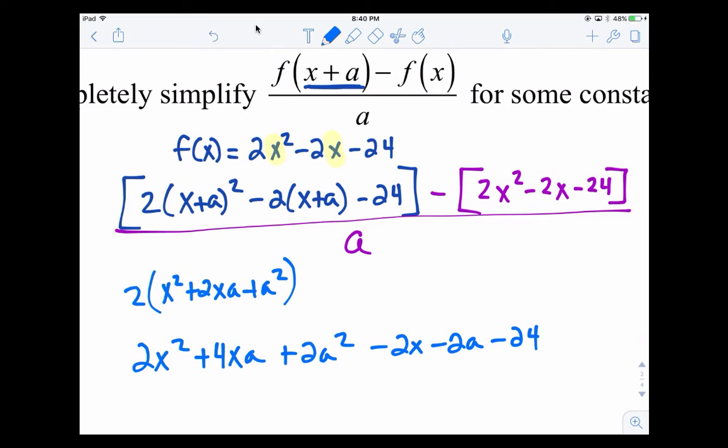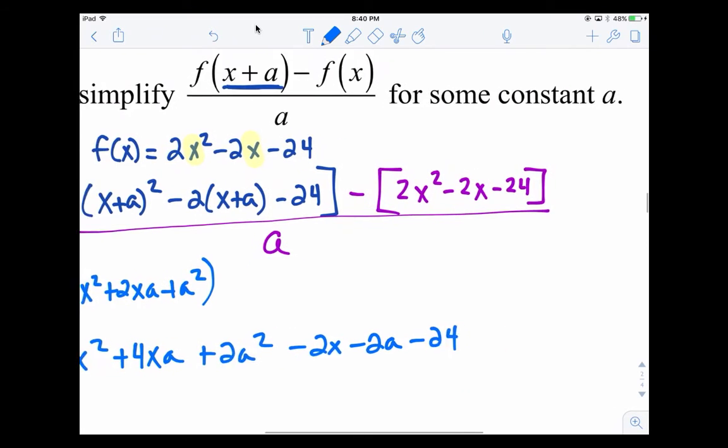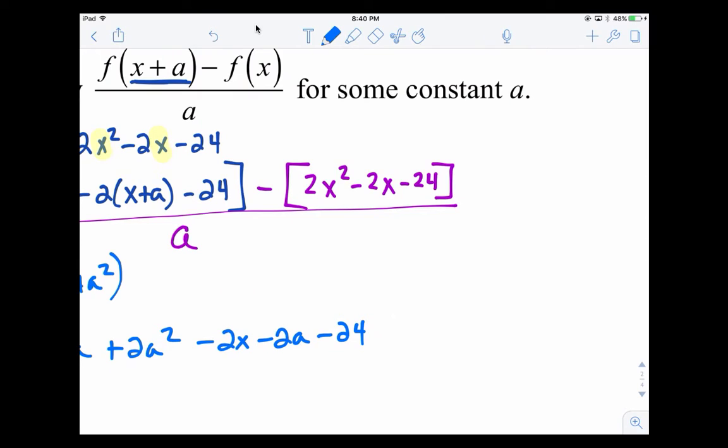So that's the first part that I have in dark blue. That's now simplified completely. And then I'm going to distribute my negative. So negative 2x squared, positive 2x, and positive 24.